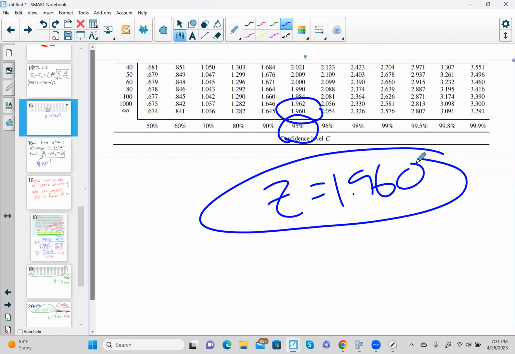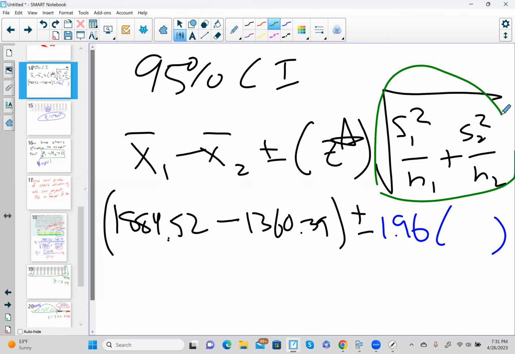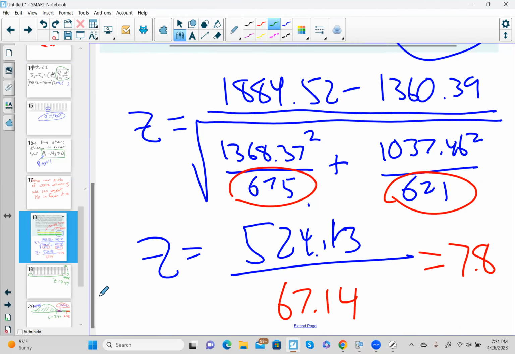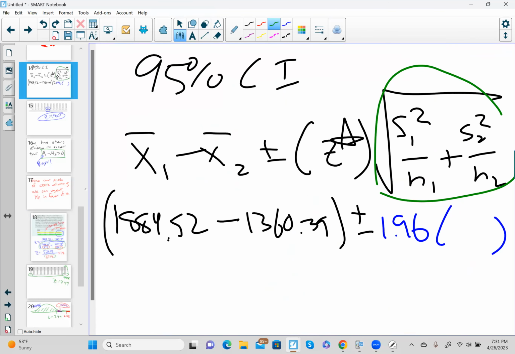So that's what's going to go in our confidence interval, 1.96 times. And then this crazy thing we already did. We did that before when we did our significance test. So if I just go back to remind you, here's all the math for that. You can see that crazy thing in the denominator. There it is. And it just turned out to be 67.14. So that's what's going to go in our confidence interval, 67.14.